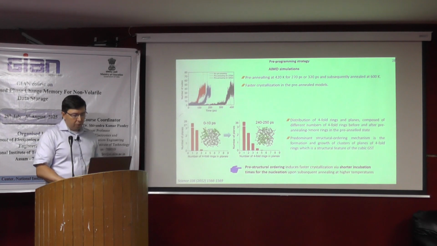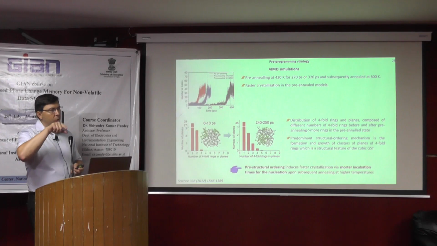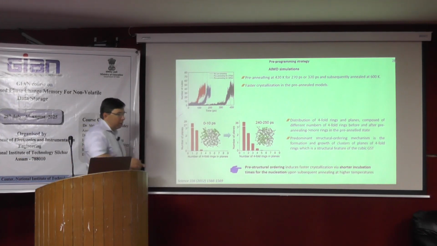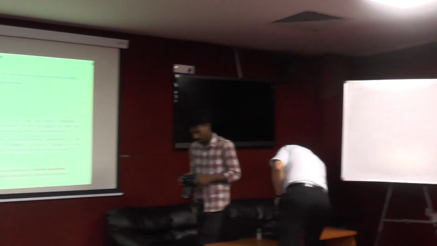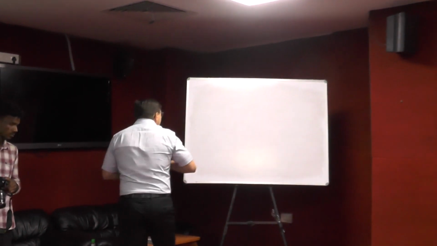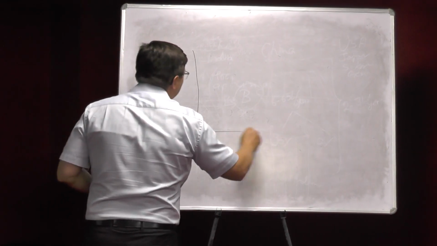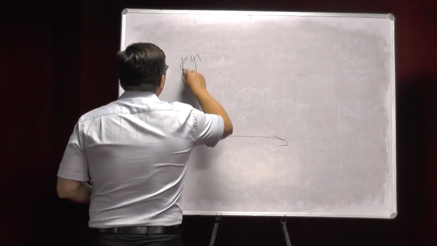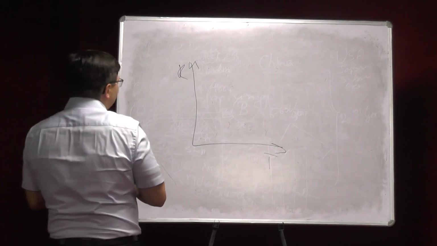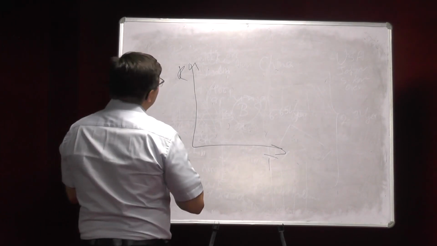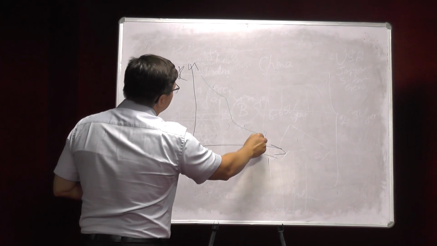If you look at the RT curve, if you can remember this, resistance versus temperature, we have several transitions. This is from amorphous, and then we have crystalline and the hexagonal crystalline.